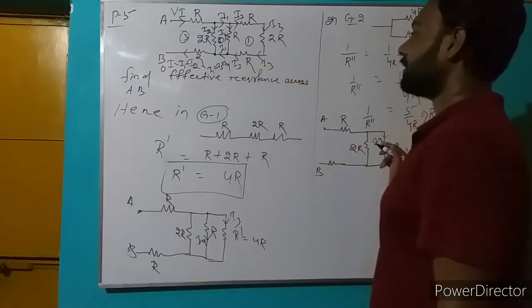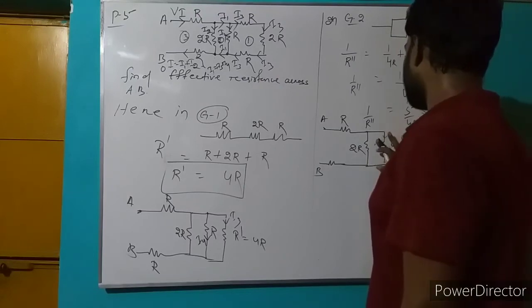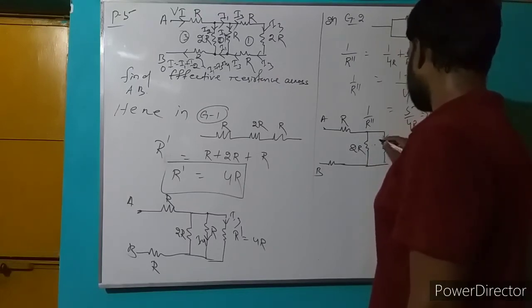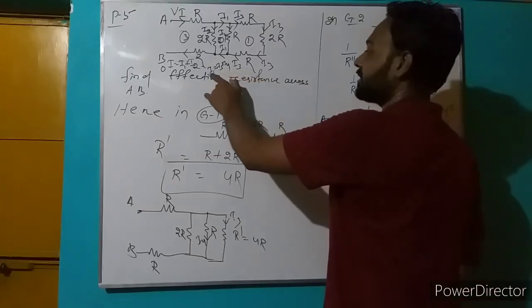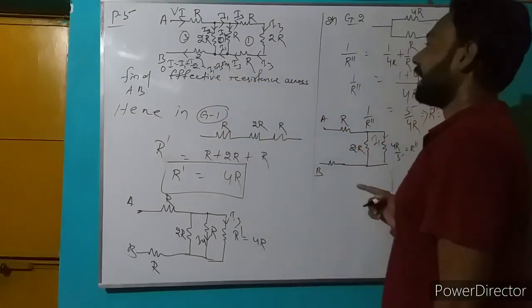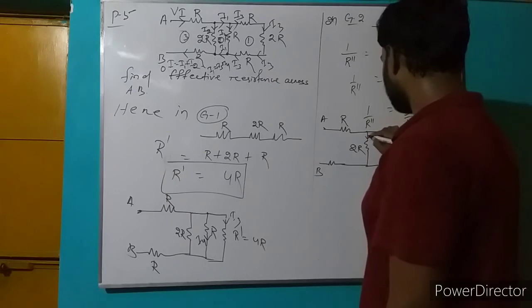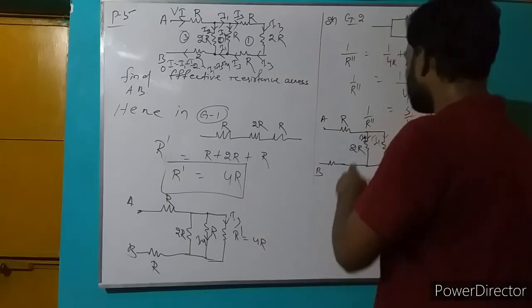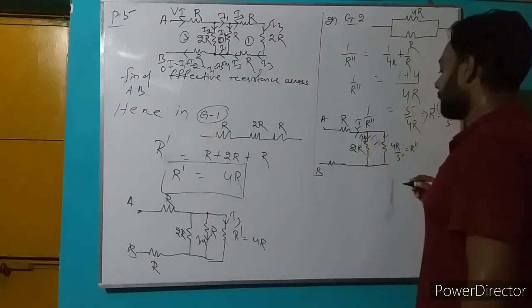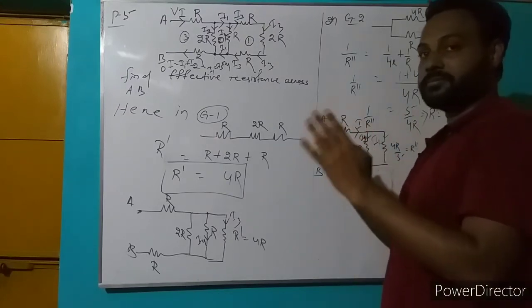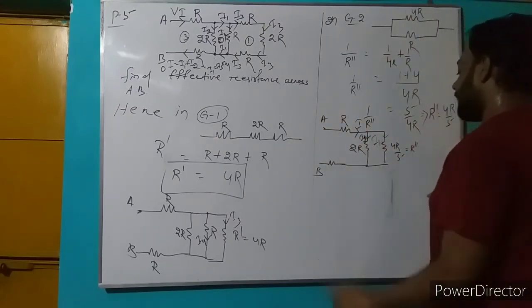So I4 plus I3 is given as the I1 current, and that is represented as the I2 current. So the current I becomes divided into I1 plus I2.